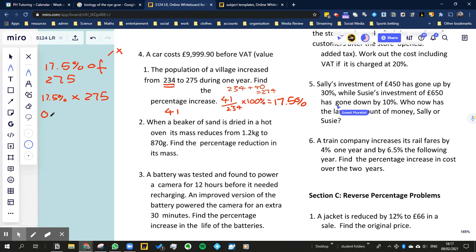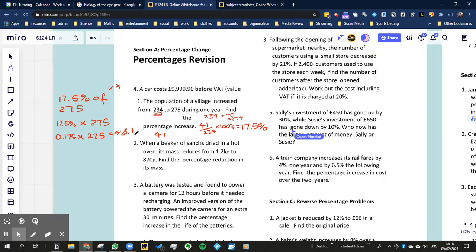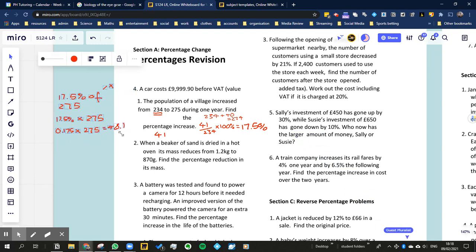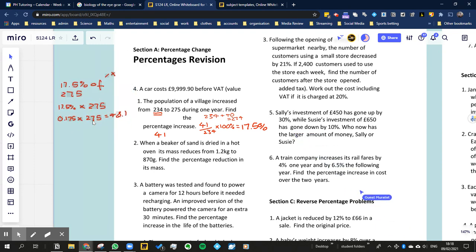So it would be 0.175 times 275. So what you're actually doing to turn a percentage into a decimal is dividing it by 100. So the percentage of 275 is 48.1.